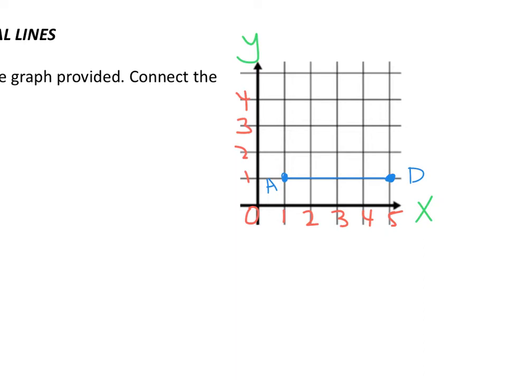It is not rising in any kind of way. It's just completely flat. However, there is a run. I can count the units or the boxes or spaces that run horizontally between point A and D. So if I count that out, that is 1, 2, 3, 4 units for my run.